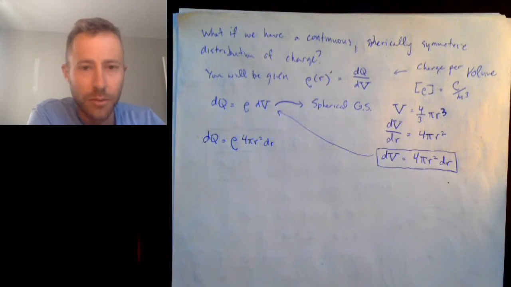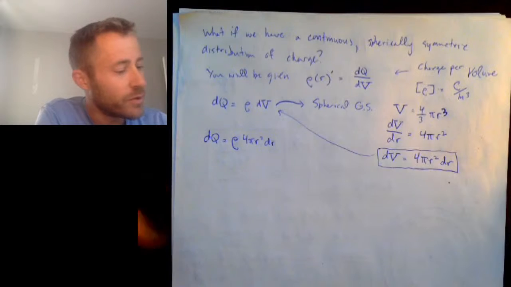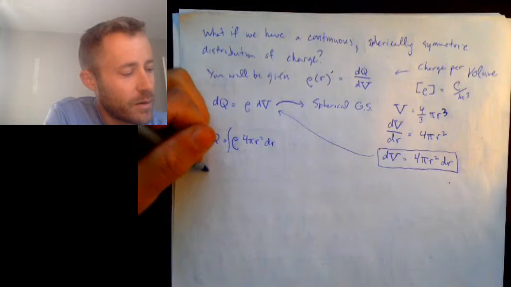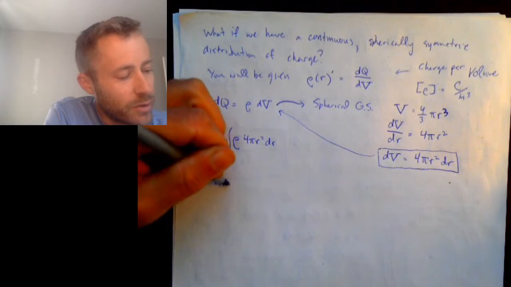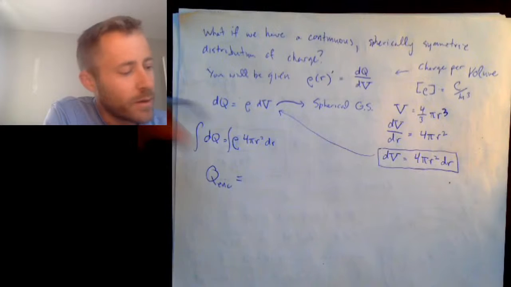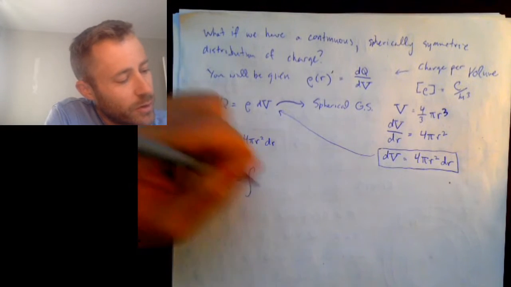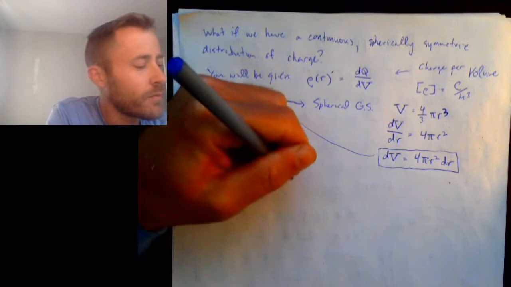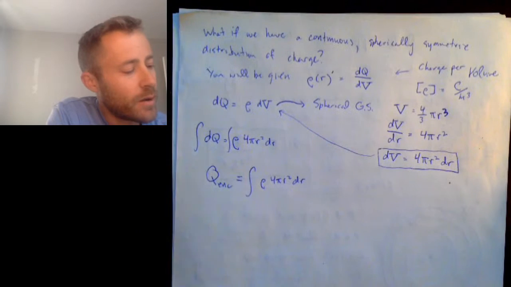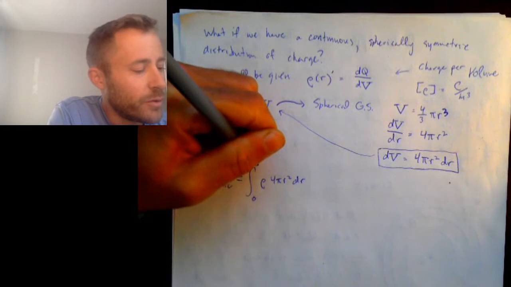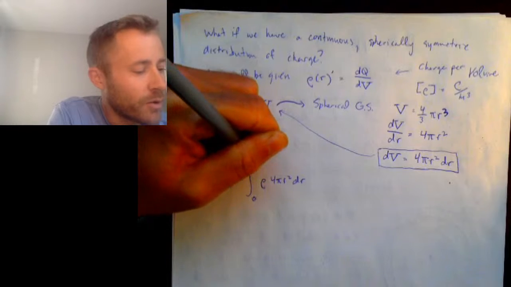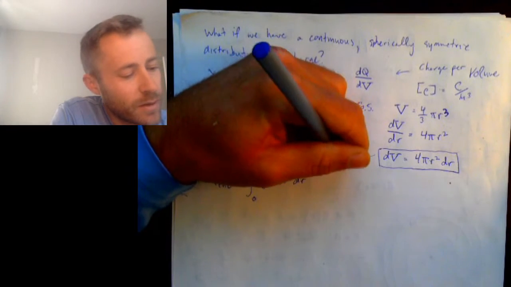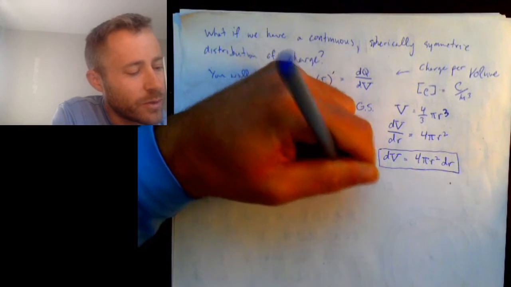All right, so now how do we get the total amount of charge enclosed? We integrate both sides. So the charge enclosed is equal to the integral of rho times 4 pi r squared dr from 0 to, I will call it r sub g, where r sub g is the radius of the Gaussian sphere.